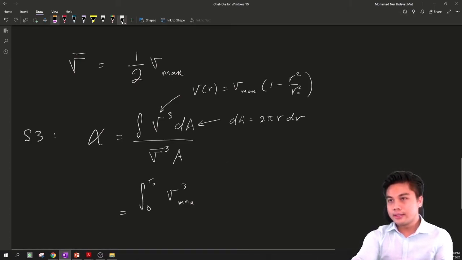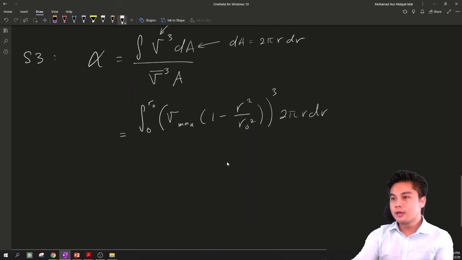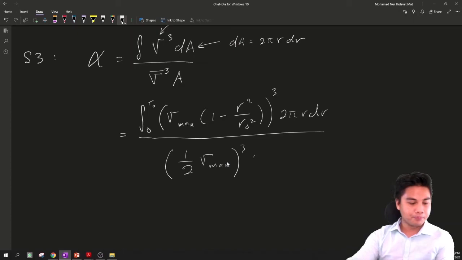Or you can write it like this: V max cubed times the bracket 1 minus R squared over R naught squared to the power of 3, because you are going to replace this with the bracket, and dA is equal to 2 pi r dr, over V average to the power of 3, which is 1 over 2 V max to the power of 3, times area, which is pi r naught squared.